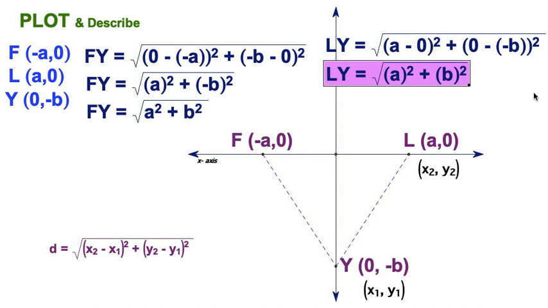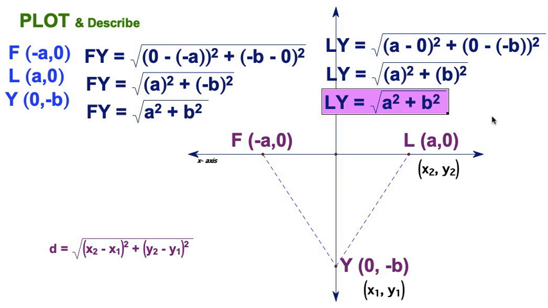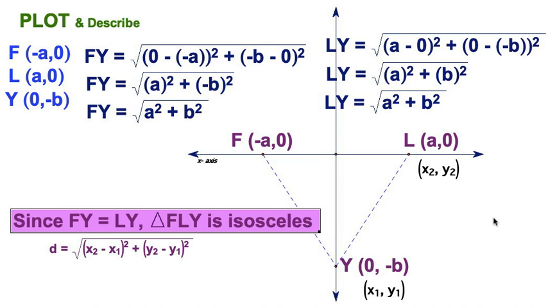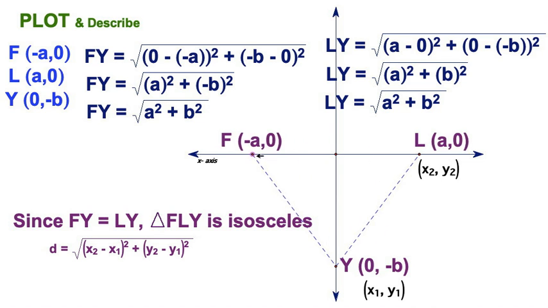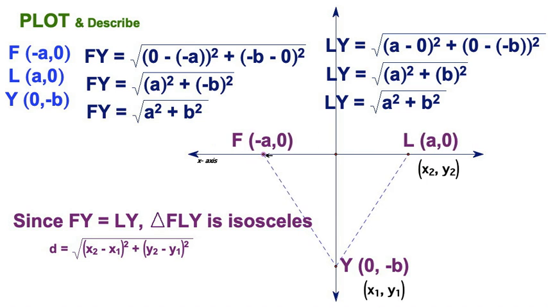Look at that algebra. A minus 0 is a. 0 minus negative b is b. And my conclusion, what do you think this triangle is? Isosceles, because we don't know anything about the third side.